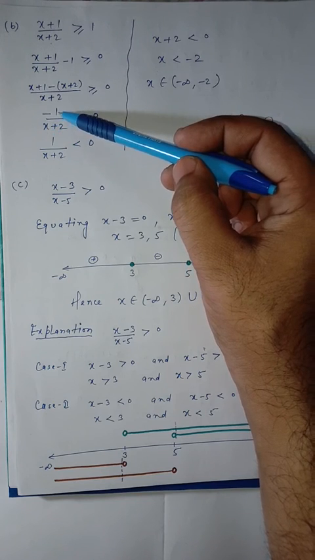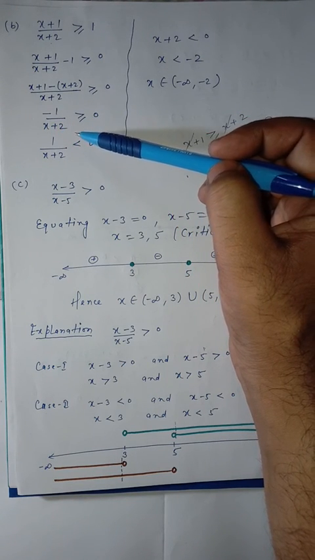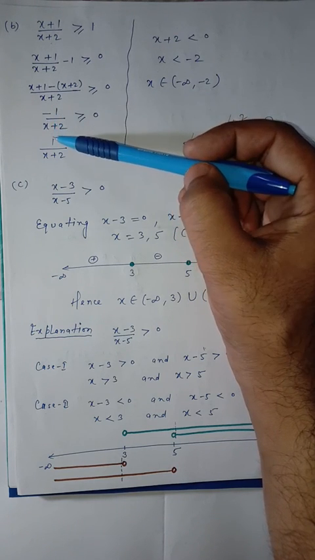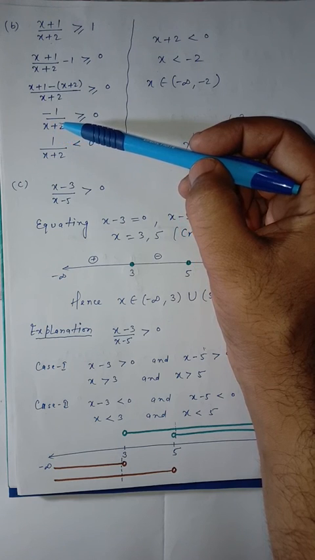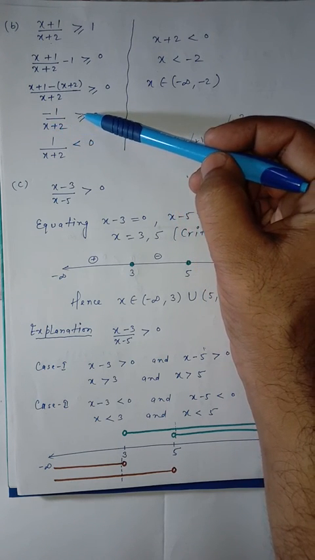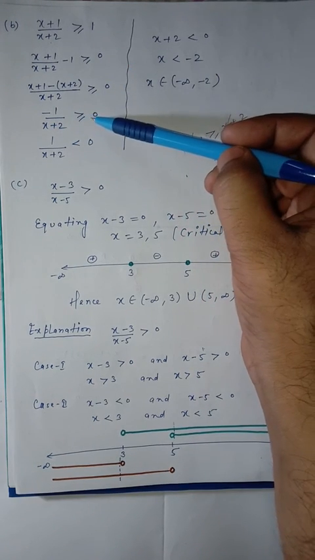Now here please focus. Can this number be 0 for any real value of x? No, because the numerator is 1. So this 1 can never be 0. So 1 upon x + 2 can never be 0. Either it is greater than 0 or less than 0.